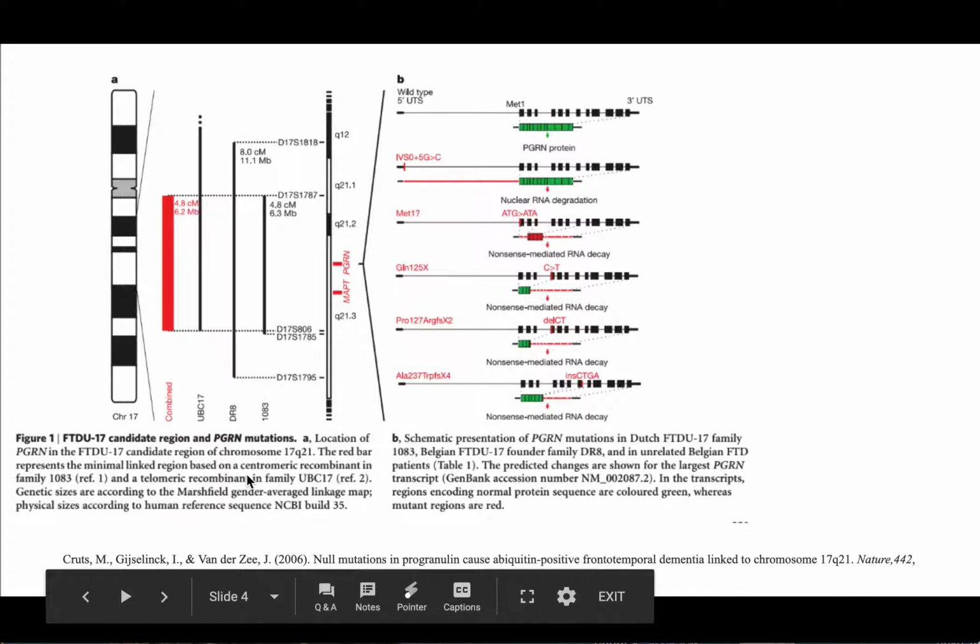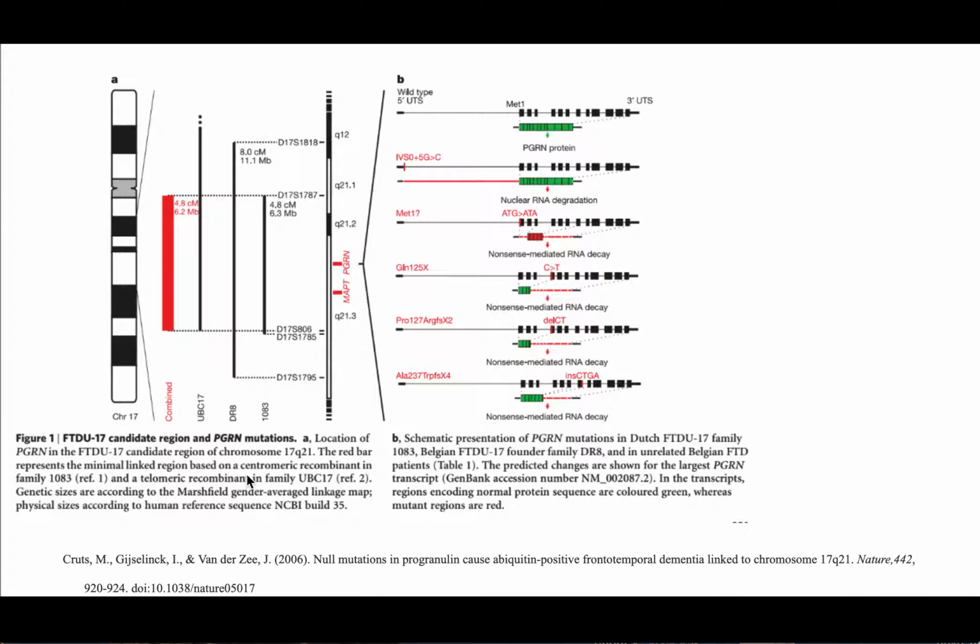So here they isolated these mutations, as I stated before, in chromosome 17. Here in this study, they looked at chromosome 17 and where these mutations actually happen. And so we are looking at the PGRN mutations within specific families that show FTD.